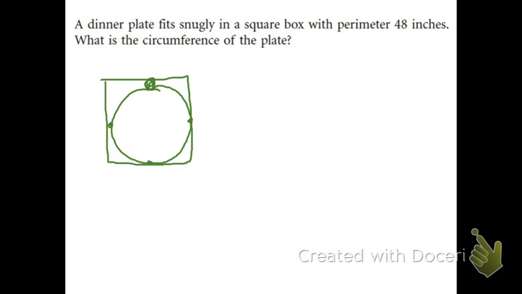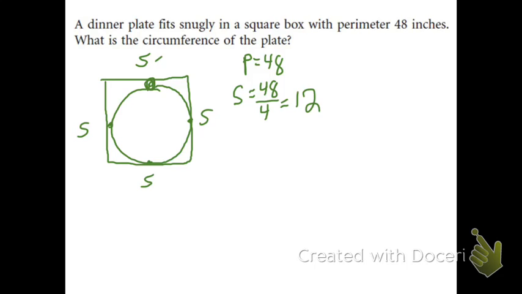It has a perimeter of 48 inches, and since it's a square, we know that all the sides are equal. Since the perimeter is 48 inches, each side length is going to be 48 inches divided by 4, since there are 4 equal sides. So we know that each side length of the square is 12.